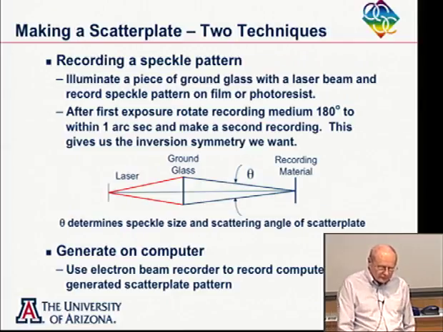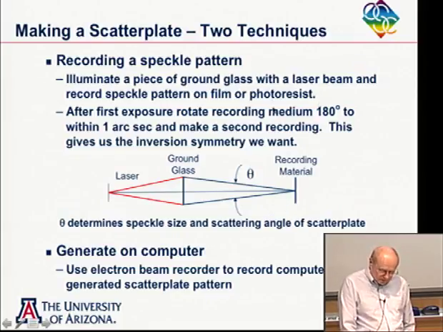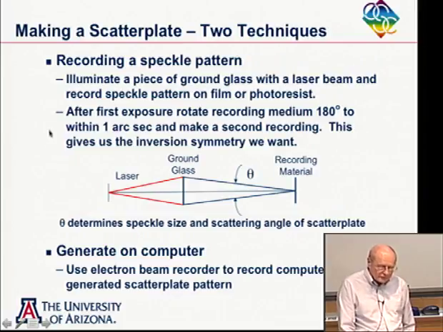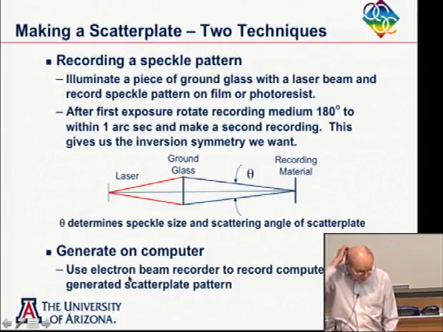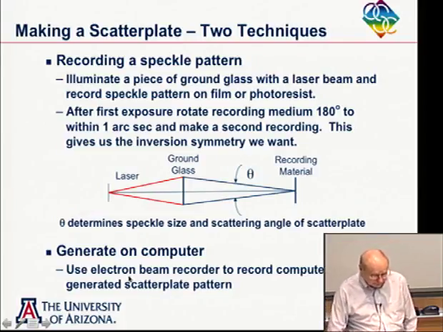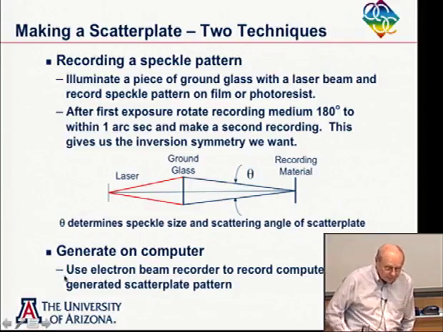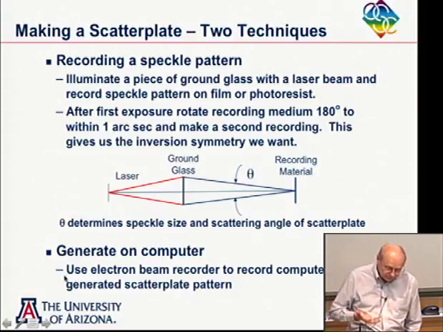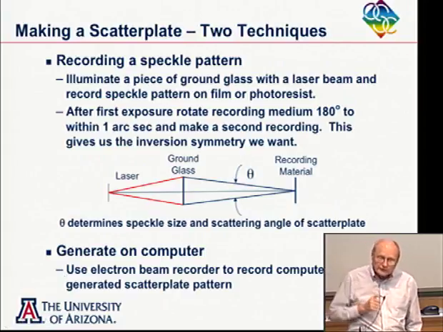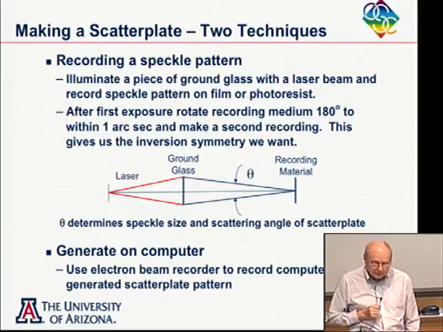And I keep referring to Larry as making these because he made hundreds of these, I guess, but other students here have made them as well. The second person, a student I had do his PhD on a scatter plate, was more of a computer person. And this came along several years later. What he did was to calculate on the computer what the ideal scatter pattern would look like.